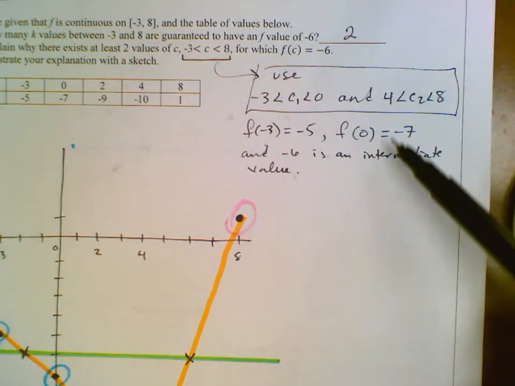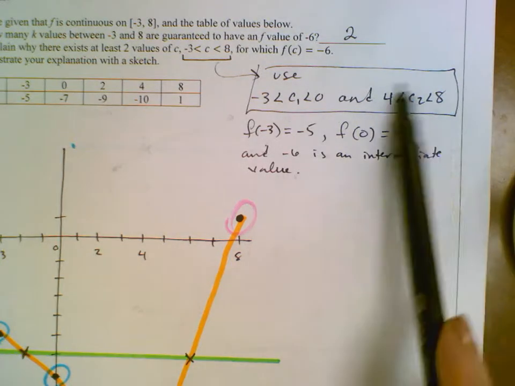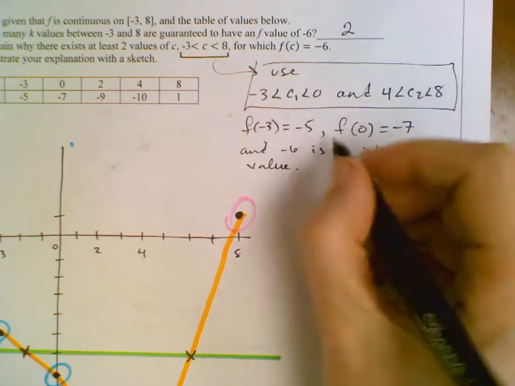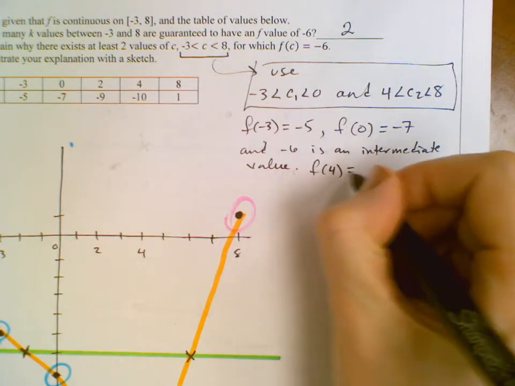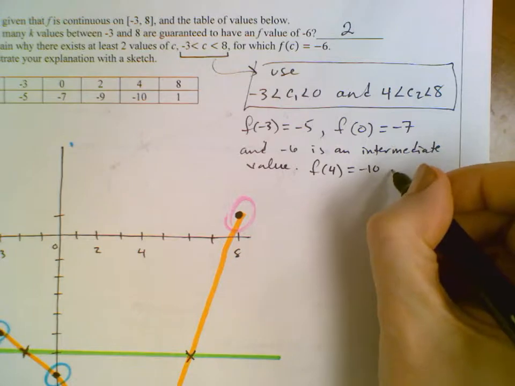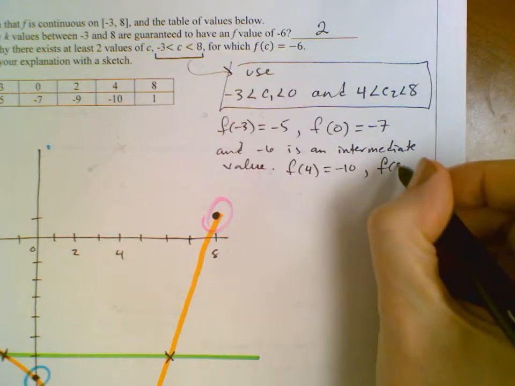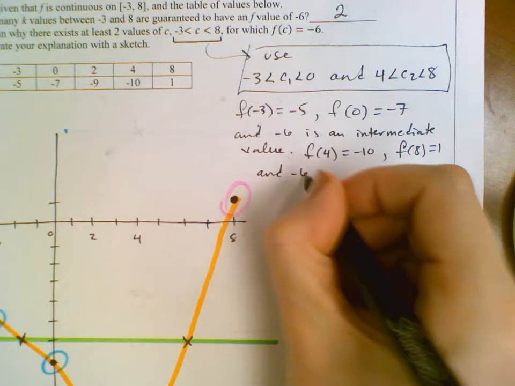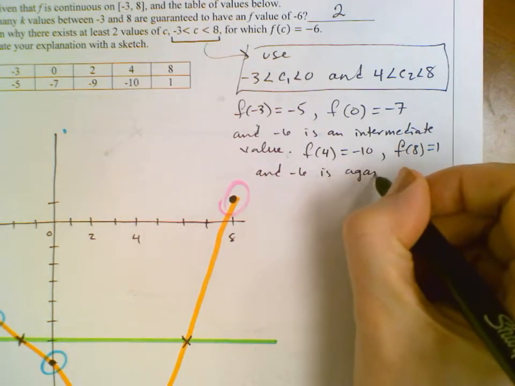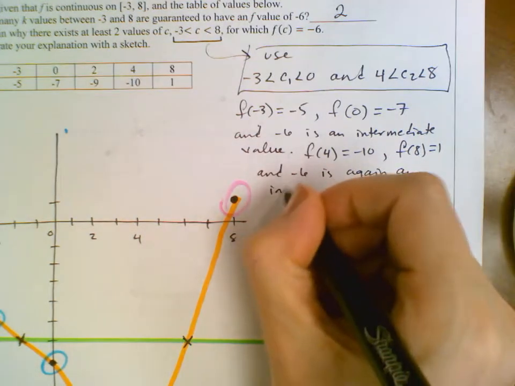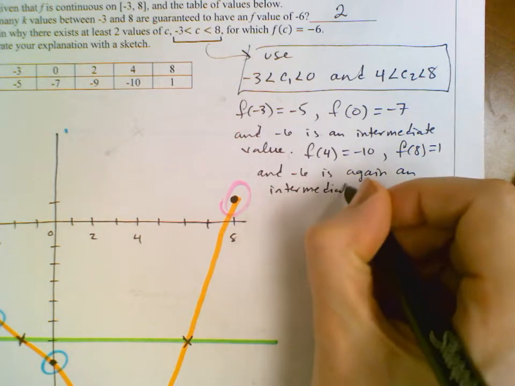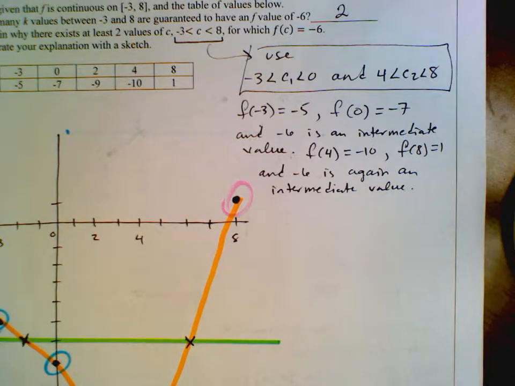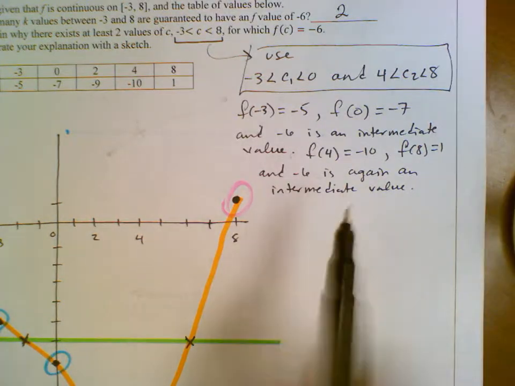Now, instead of finishing the explanation, let me set up this part also. f of 4 equals negative 10, f of 8 equals 1, and negative 6 is again an intermediate value.